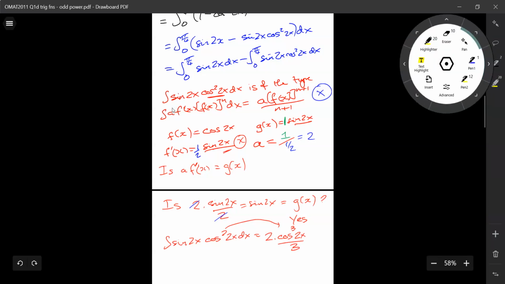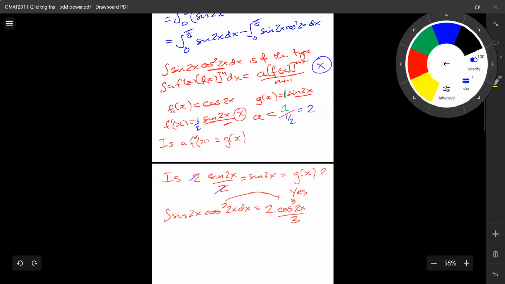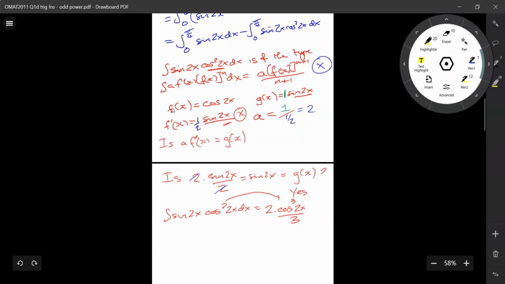So it's a bit trickier when you start including the coefficients. If I come up here now, I'm going to go ahead and integrate this. So that's the integral of sine 2x, which is equal to minus cosine 2x divided by the coefficient of x, which is 2.